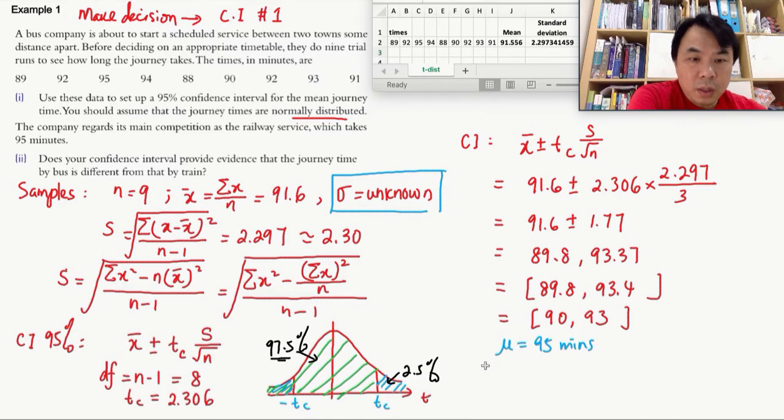So here I'm going to write that as a conclusion. We are making a decision right now using the confidence interval. Since this 95 minutes that they claim falls outside of the region of the confidence interval, then we can conclude that we have sufficient evidence.